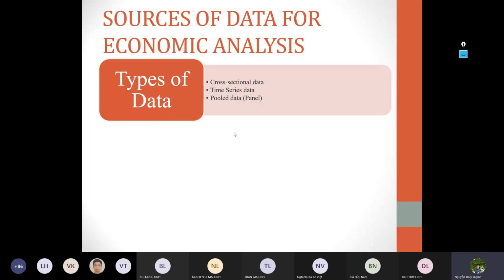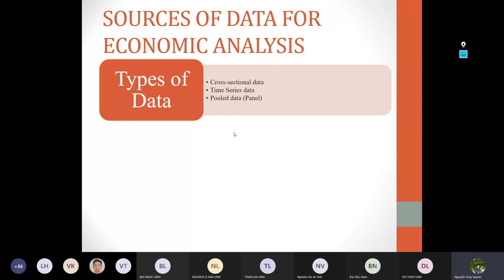Cross-sectional data includes observations for different units at one point in time. Time series data includes observations for one unit at different points in time, and panel data includes observations for different units at different points in time.